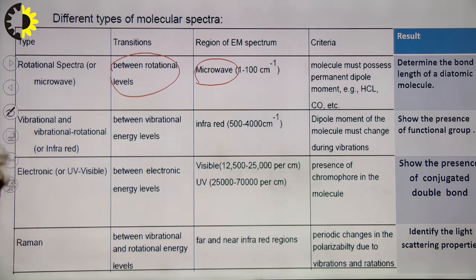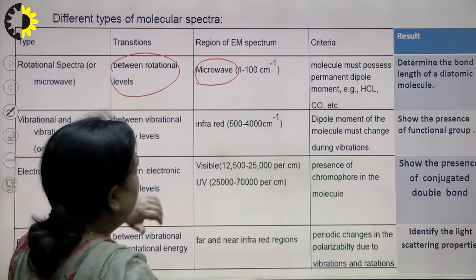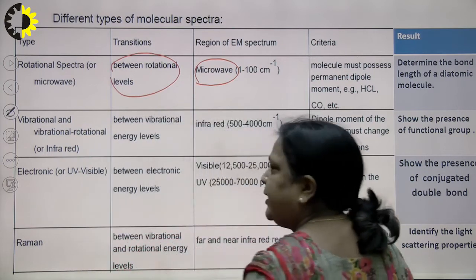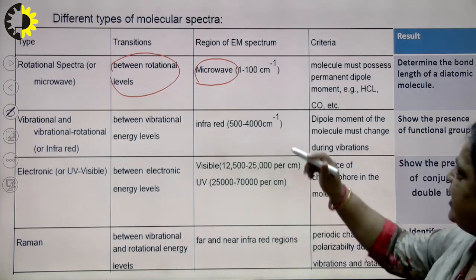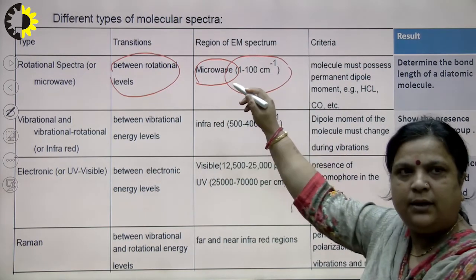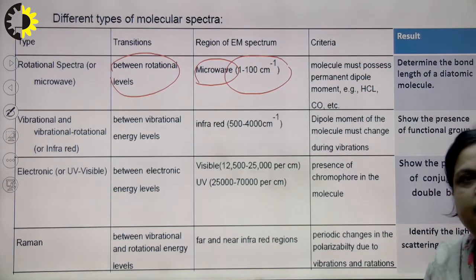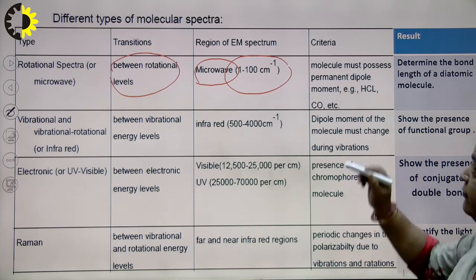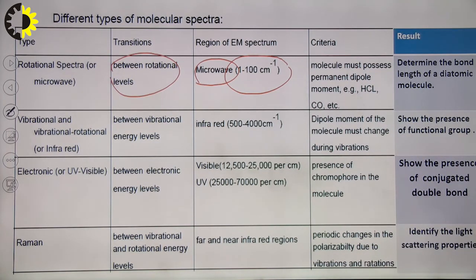So, first is rotational. Rotational means the transition between rotational levels, and for rotations microwaves are sufficient, and microwaves have energy or wave number in the order of 1 to 100 centimeter inverse. And what is the condition? It is not necessary that all molecules will give rotational spectra.